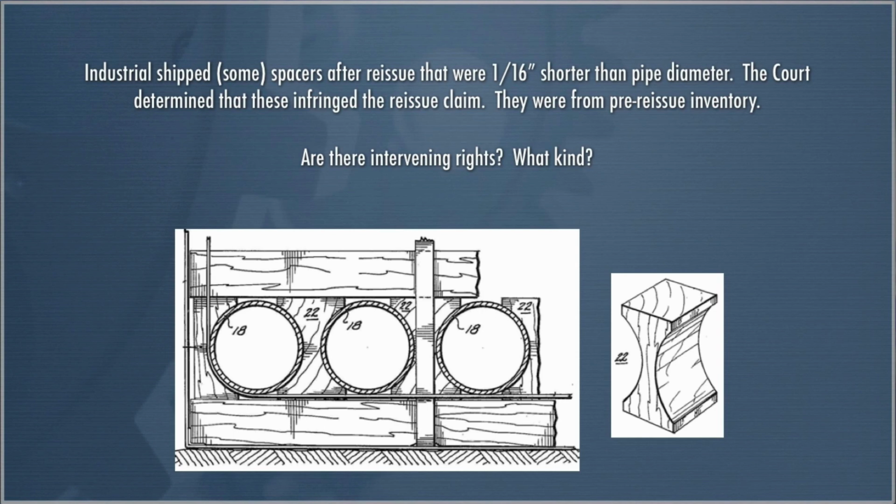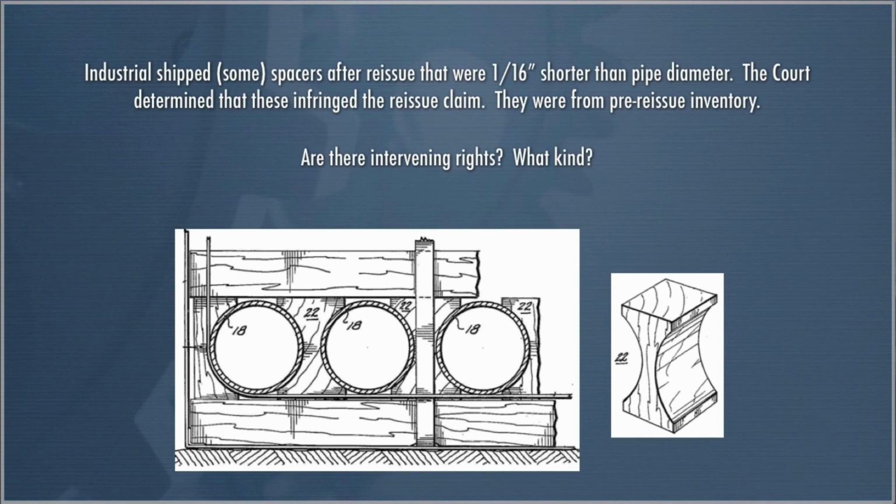And the court went through the facts and found that, among other things, this was from pre-reissue inventory, so they had existing investments in this inventory that would have been a loss as a result of the reissue patent. They had existing orders at the time the reissue patent was granted for 114 bundles of these spacers. So a significant amount of orders had already been placed for the pre-reissue that they had not yet shipped at that point.